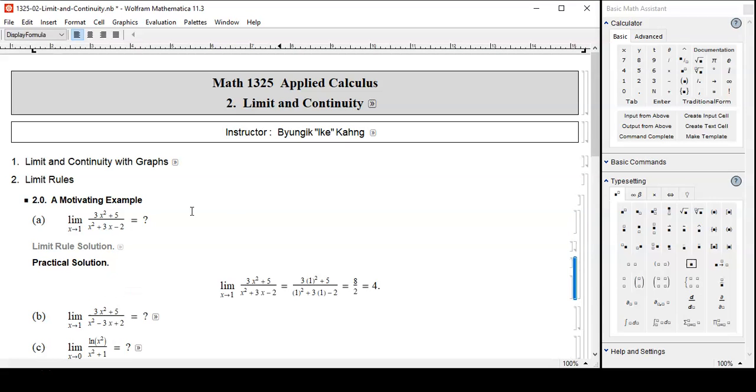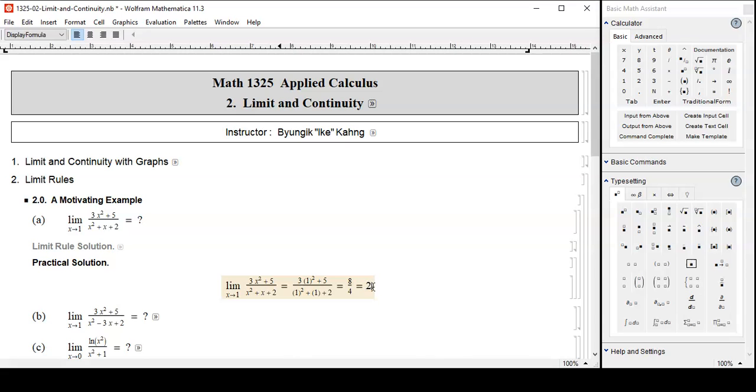Maybe not. Let me change this problem. Okay, in that case, this has to change accordingly. So 8 over 4, okay.